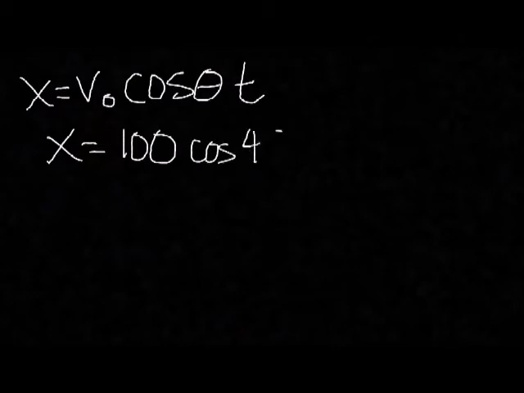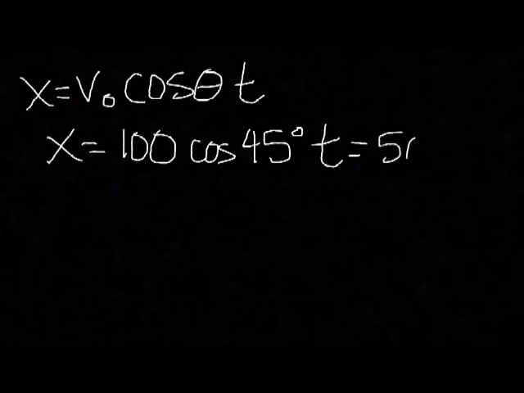So x would be equal to 100 times the cosine of 45 degrees times t. Because cosine of 45 degrees is equal to root 2 over 2, to simplify you multiply 100 times root 2 over 2, and that is 50 root 2 t. That is the general equation for x. It doesn't matter that we don't know t, we'll find that later.